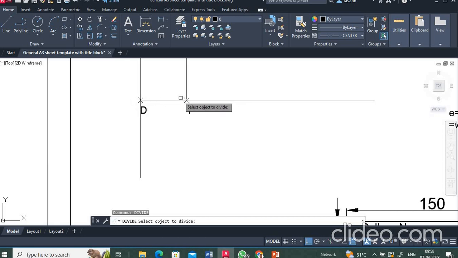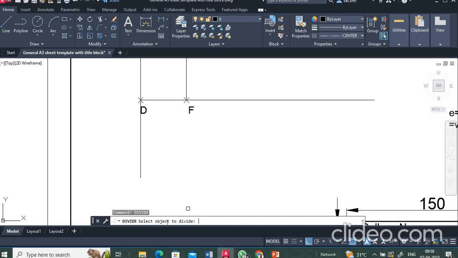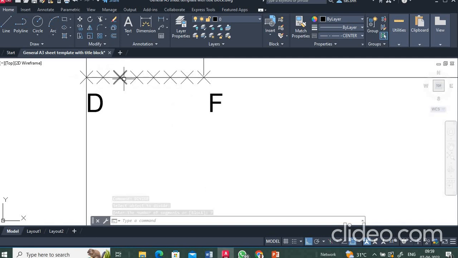Actually here we have to draw a line, then only we will be able to divide. Draw a line. Now go for divide. How many segments do we want to divide? 3 plus 4, 7. Okay. So now we got 7 parts: 1, 2, 3, 4, 5, 6 and 7.